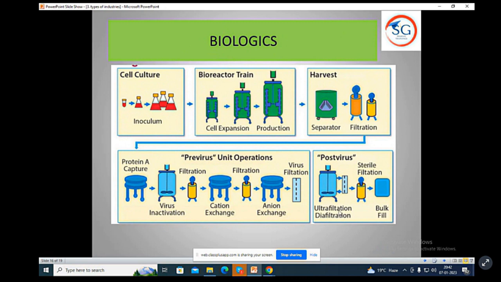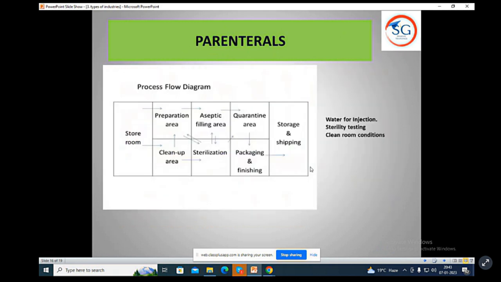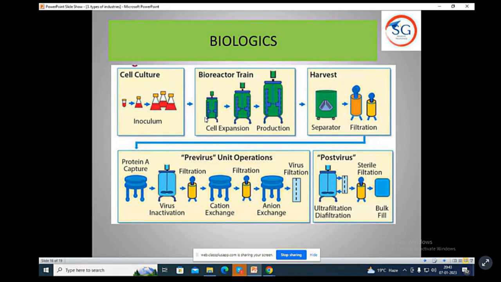These are the various steps that will be done. Once it is done, final filtration in a sterile environment will be done, and then it will be taken to the manufacturing and packing area, similar to the parenterals. You should mix it and pack it in vials or ampules using the flowchart of parenterals itself. This is the brief regarding biologics.